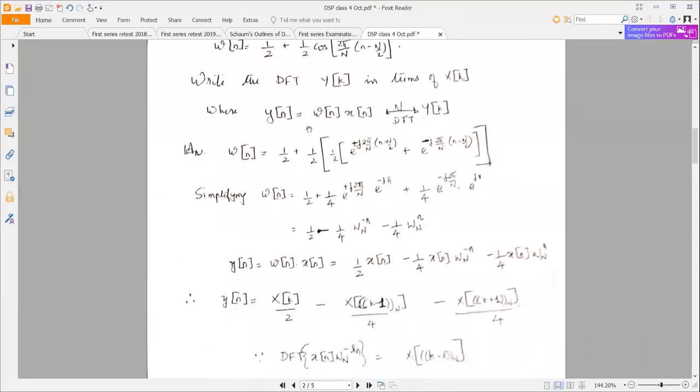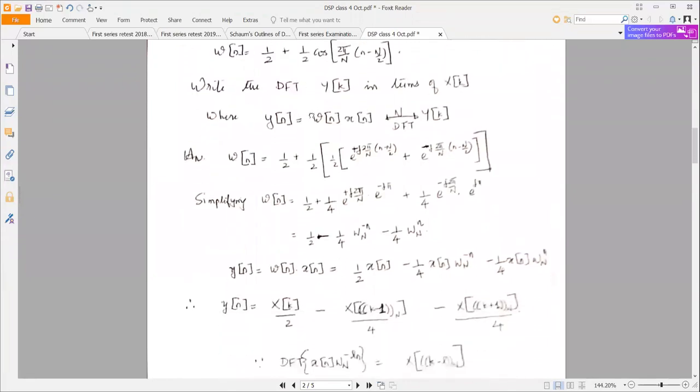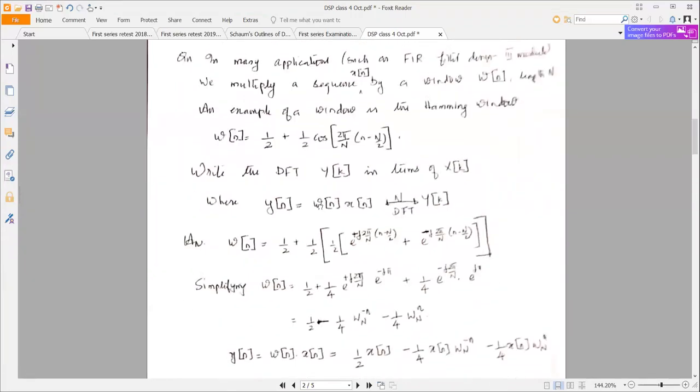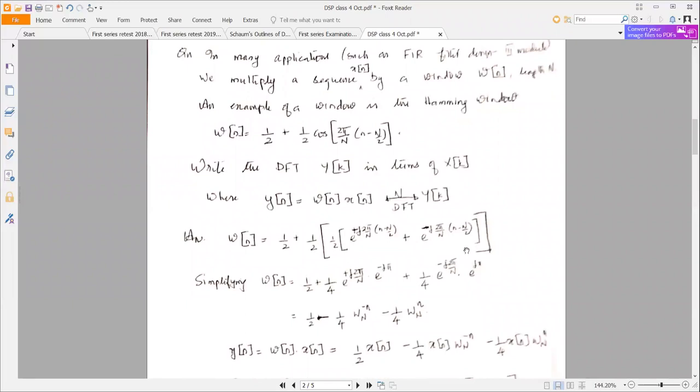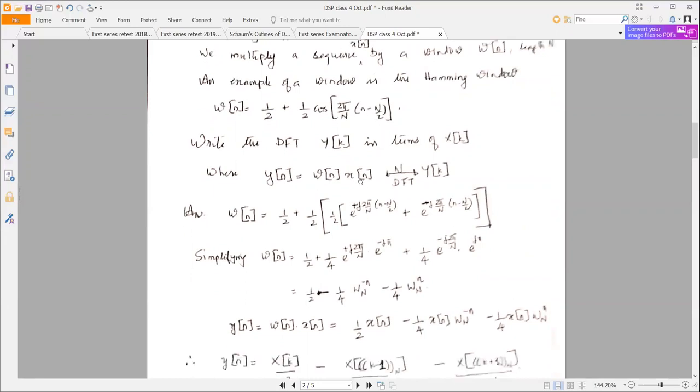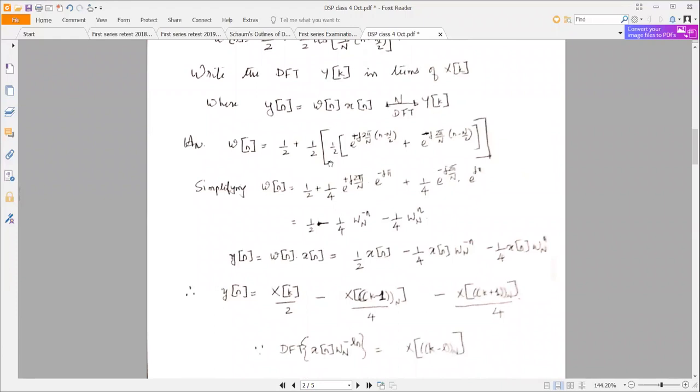Now you see that w of n, that is the windowing function, can be written in terms of complex exponentials as well, because you know the cosine function you can write as cos theta is e raised to j theta plus e raised to minus j theta by 2. So this you can write as 1 by 2 plus 1 by 2 into e raised to j 2 pi by N into n minus N by 2 plus e raised to minus j 2 pi by N into n minus N by 2, which we will expand as follows.